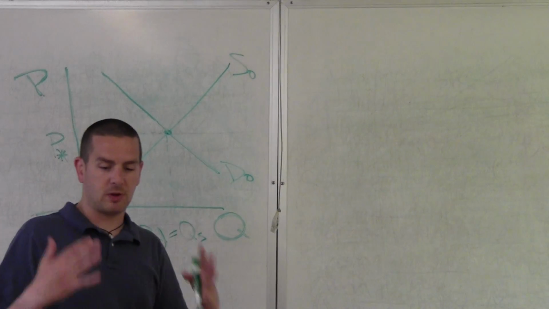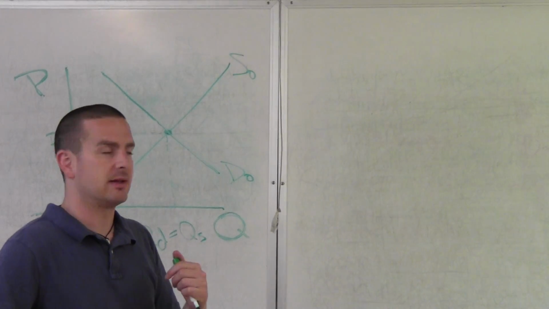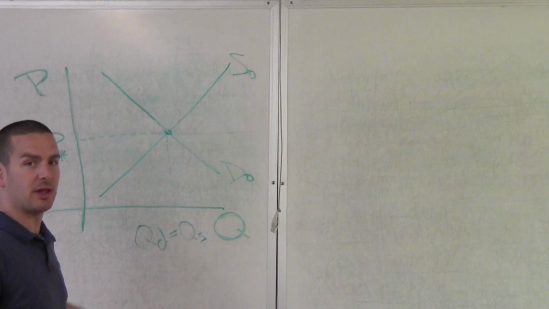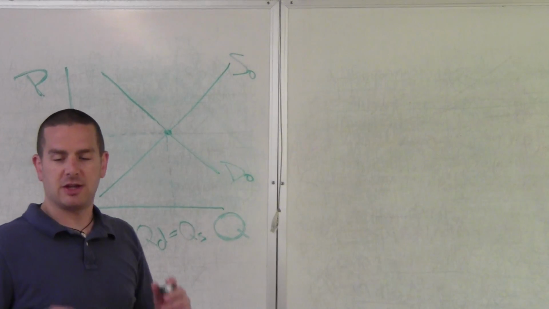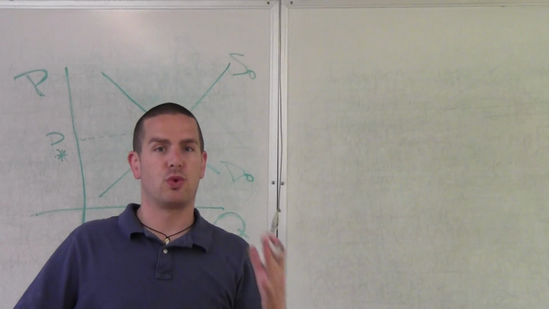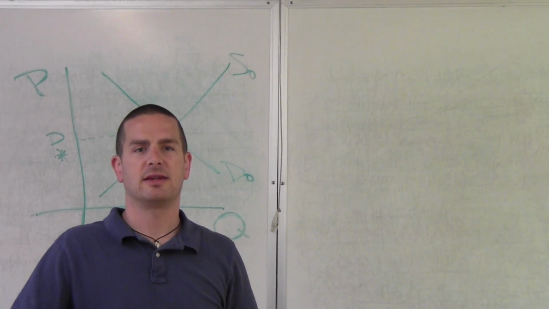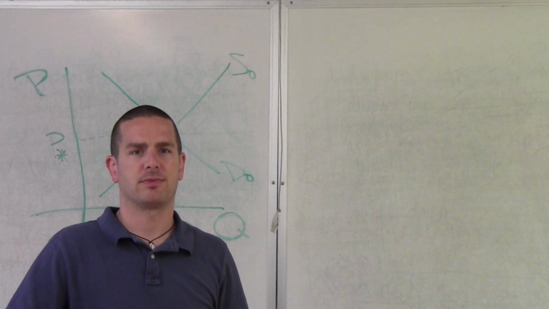At that particular price, that's the quantity demanded. And at this particular price, this is the quantity supplied, okay? It just so happens that if the quantity supplied is equal to the quantity demanded, we call that equilibrium.